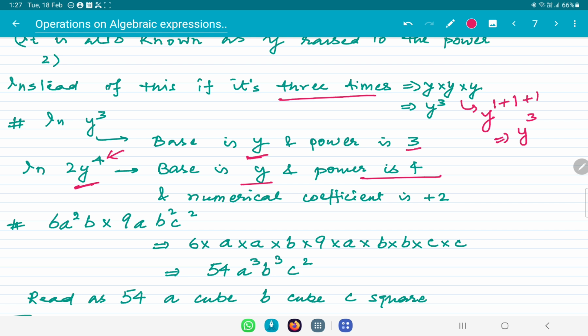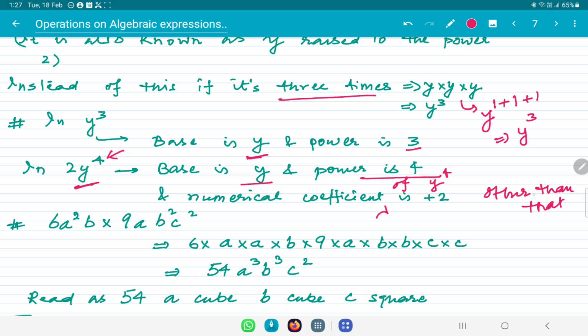And if we want to know the numerical coefficient of y raised to the power 4, how can we find it out? Just remember two words: other than that. What is other than that?